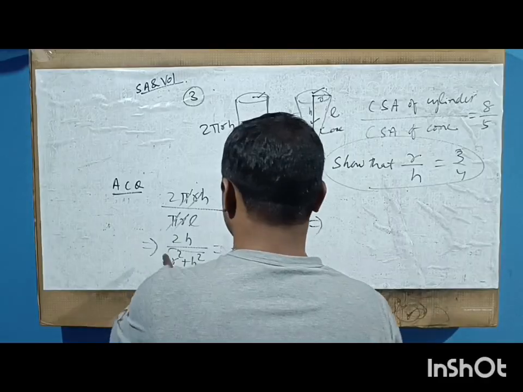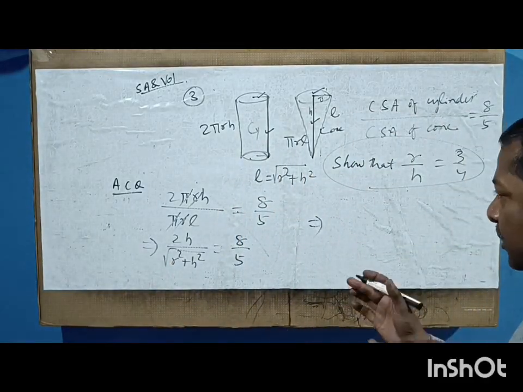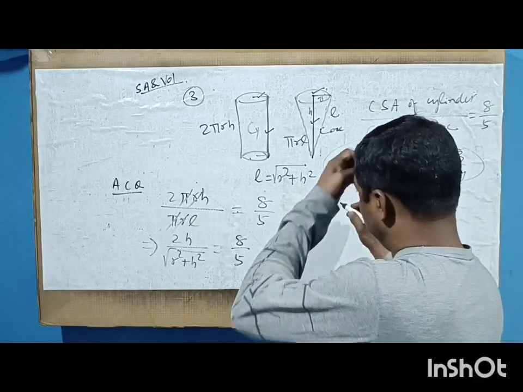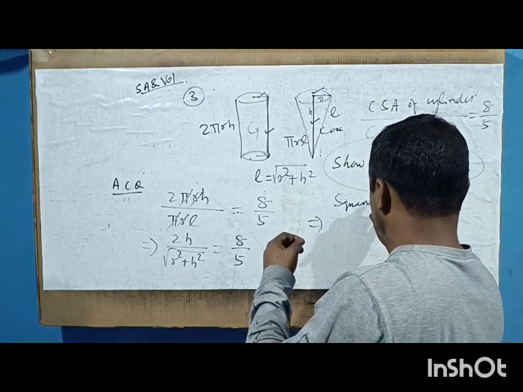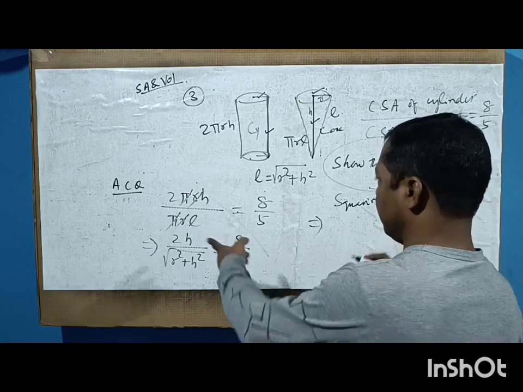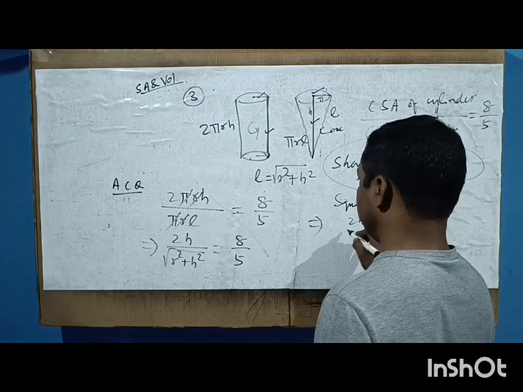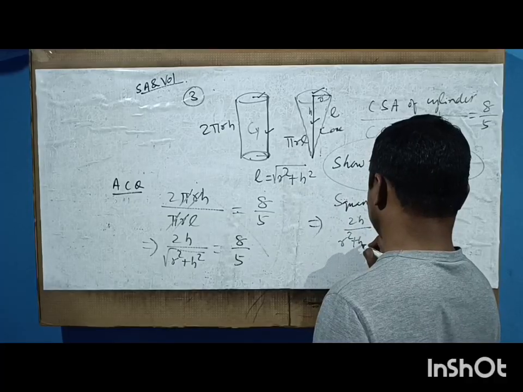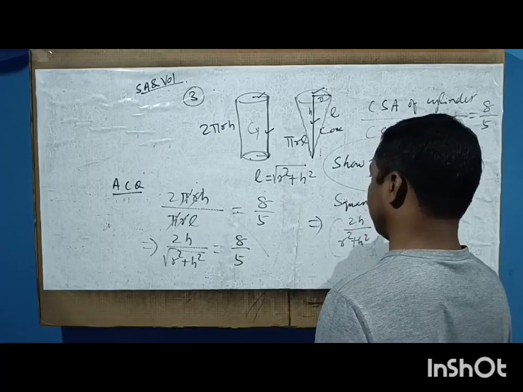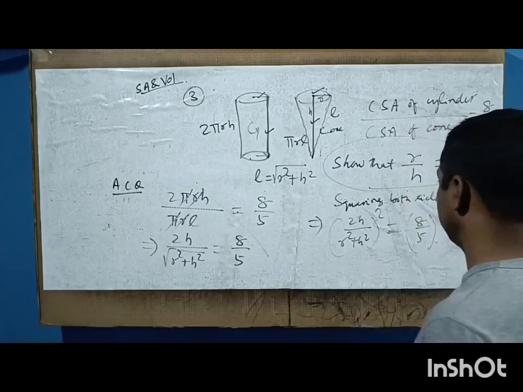So to cancel the root over here, let's square both sides. Let's square both sides. 2H whole square, 2H by root of R square plus H square whole square equal to 8 by 5 whole square. Okay.